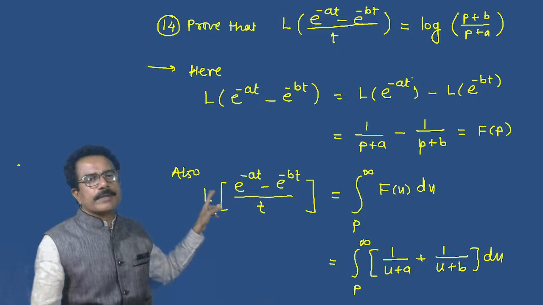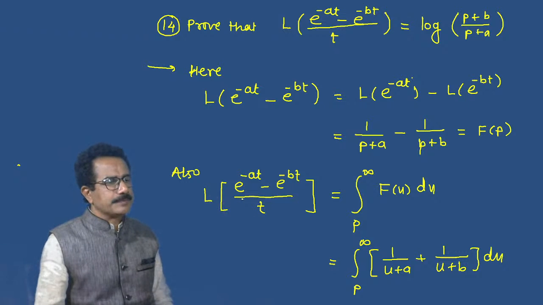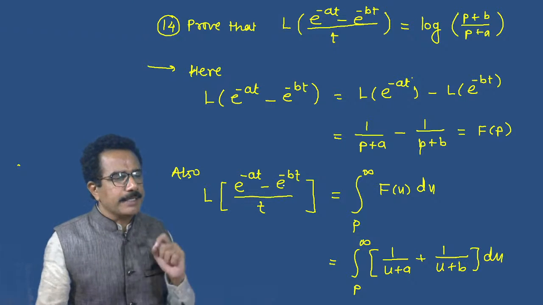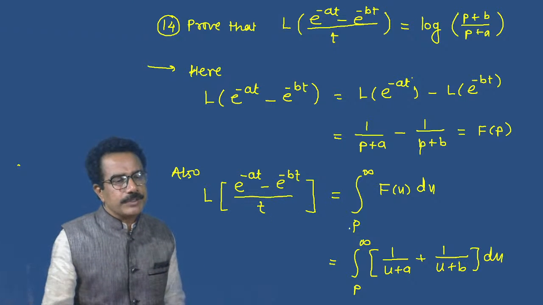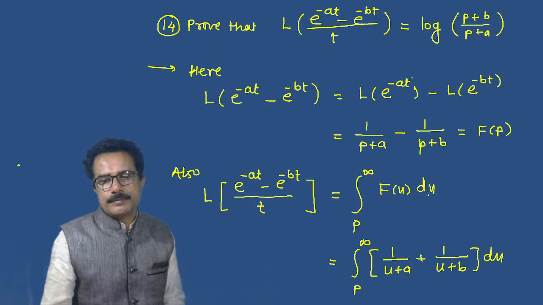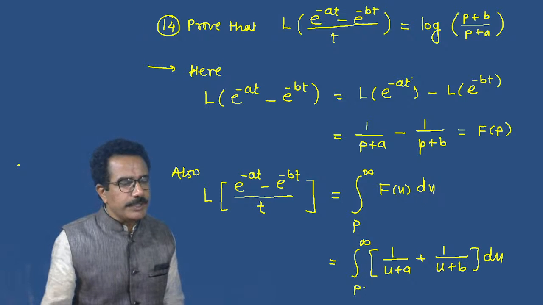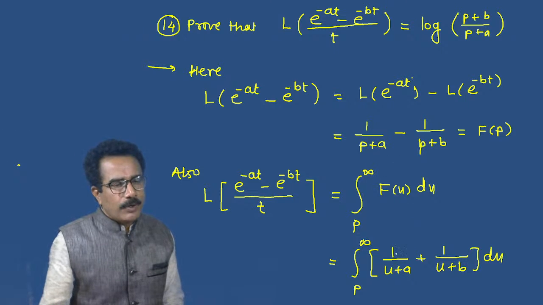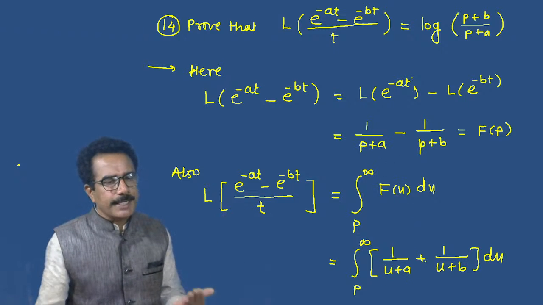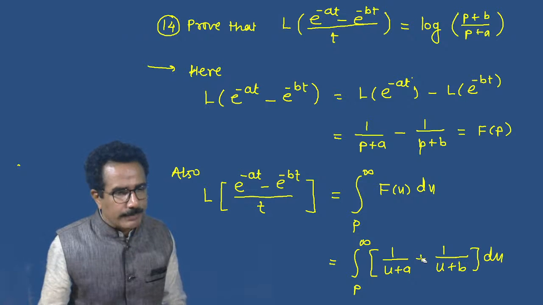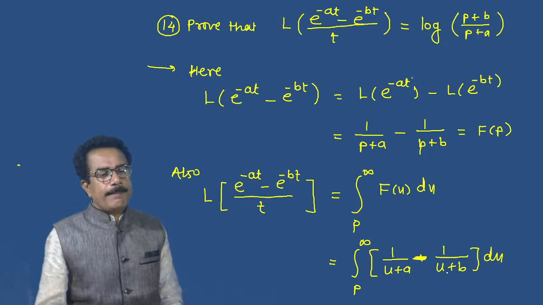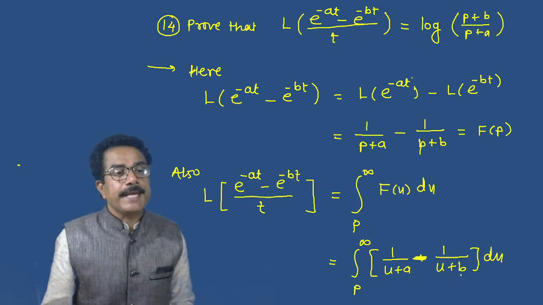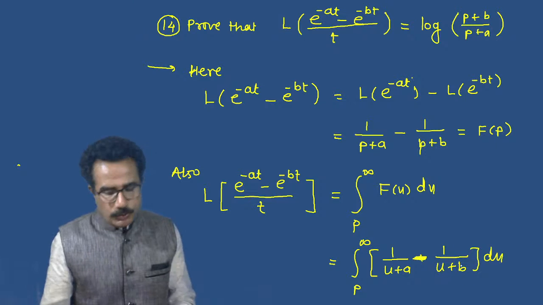Now our aim is to find the Laplace transformation of e raised to minus at minus e raised to minus bt, divided by t, which is equal to integral from 0 to infinity capital F of u du. So integral from 0 to infinity 1 upon p plus a, meaning u plus a, minus 1 upon u plus b.